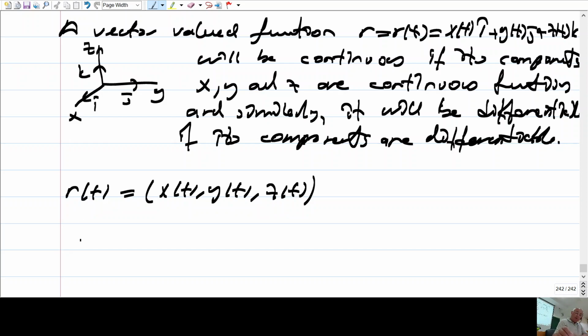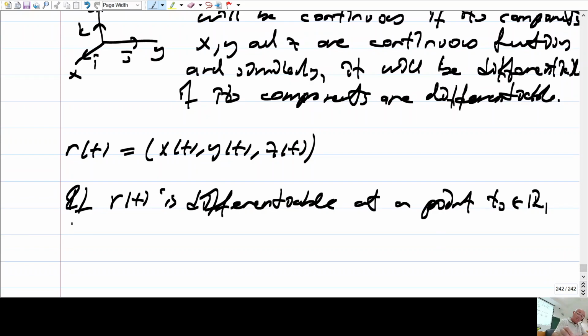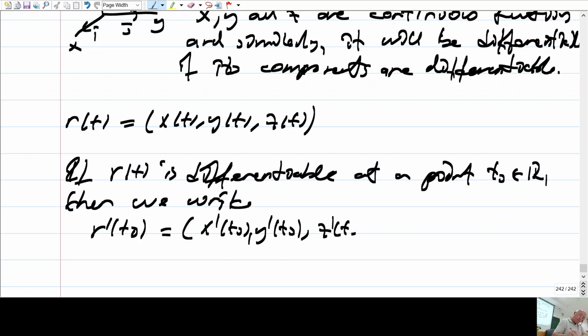And if r(t) is differentiable at a point, let's say t0, then we write r prime t0 as x prime t0, y prime t0, and z prime t0.